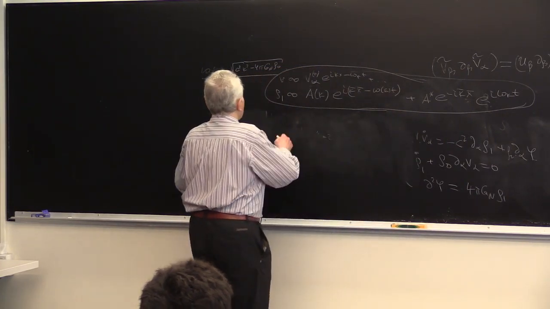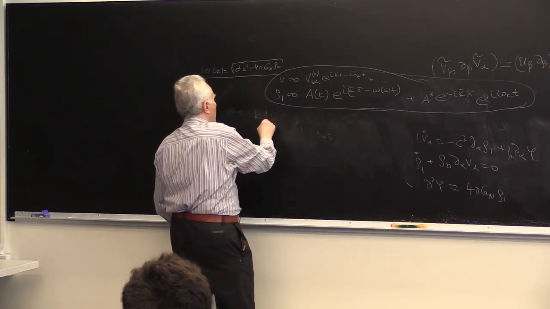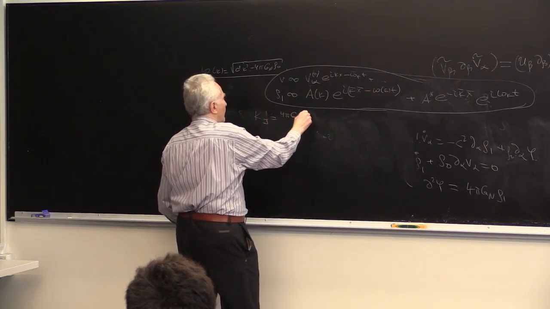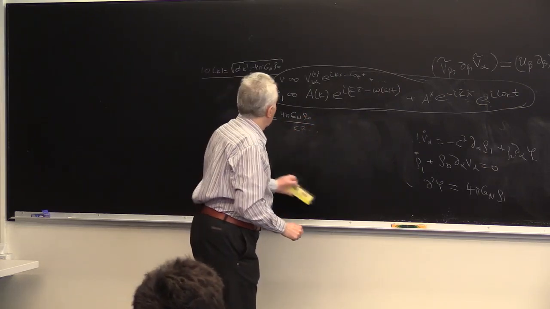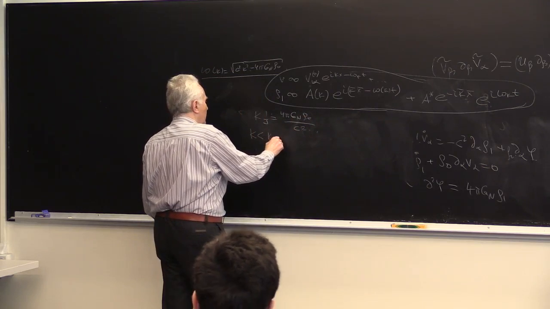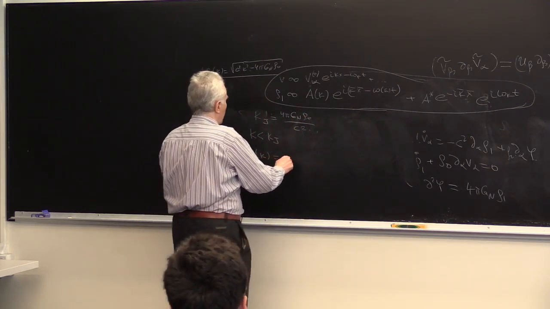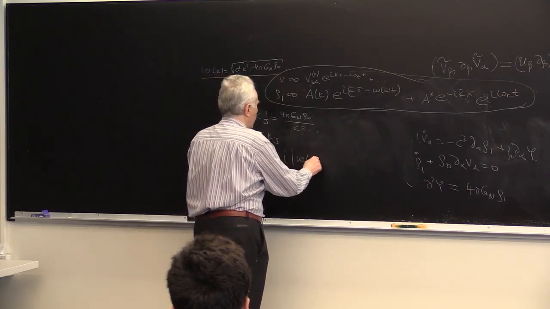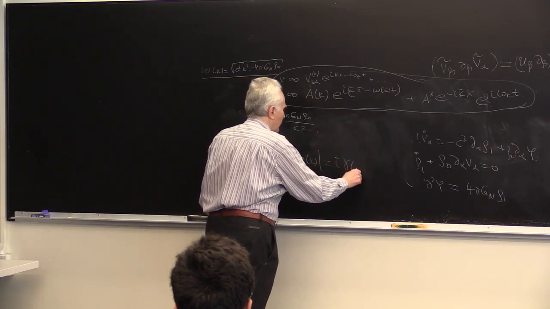See what happens then. We introduce the Jeans wavelength k_J. When k is less than k_J, omega of k is equal to i times the absolute value of omega of k. I will call it i gamma of k.